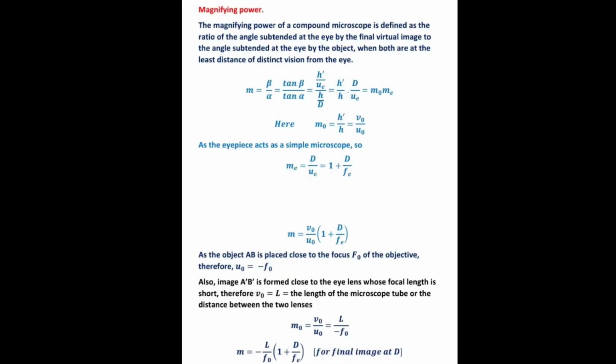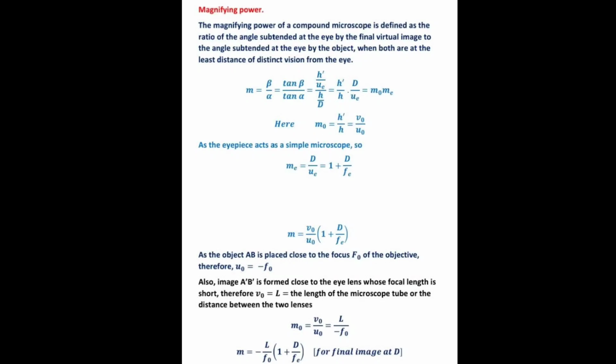If such a thing occurs, then we just replace u_o with f_o, and we know that the focal length for this case is taken as negative by using the respective sign conventions. So we get a relation in the form of f_o by replacing u_o.